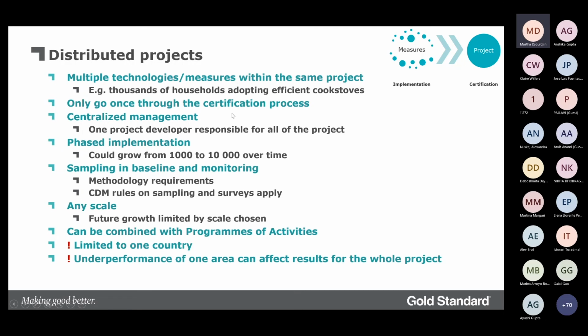And if you have underperformance of one area, let's say 200 of these households suddenly get a gas connection and start cooking on gas and don't use the cook stove, that would affect the results for the whole project. Right? The monitoring is done for the entire project.